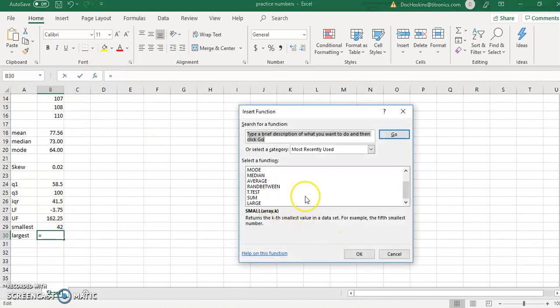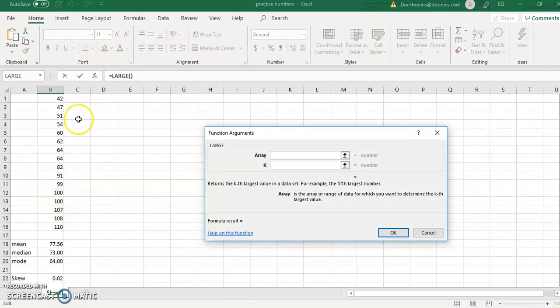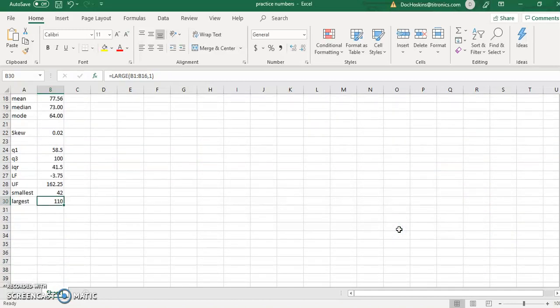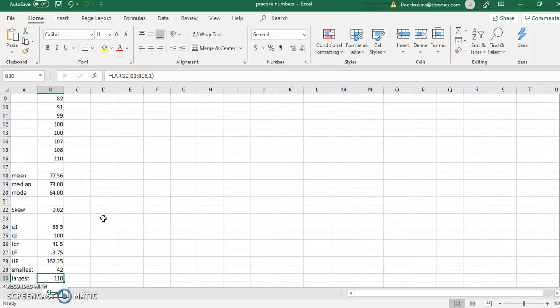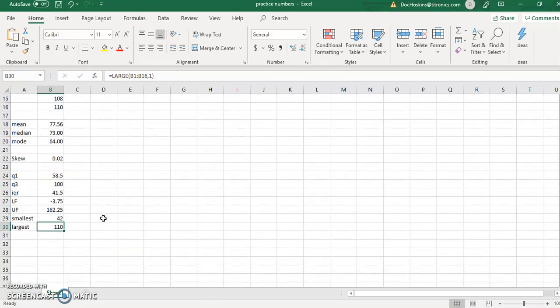Largest, and same here, we're looking for the largest, so we'll type 1 in there, and our largest value is 110, and we do not see that it is above the upper fence.